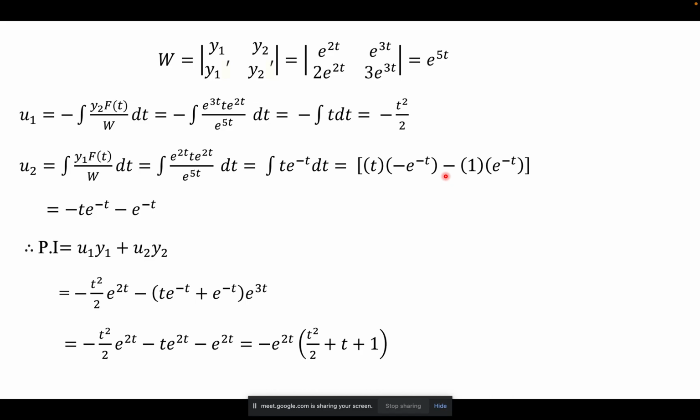You can easily solve this integral, so u2 is equal to t times minus e^(minus t) minus e^(minus t), which can be written in this form.